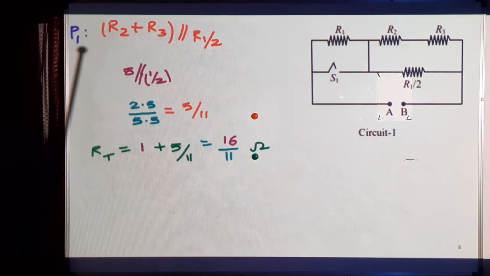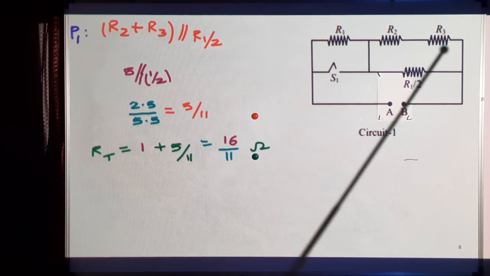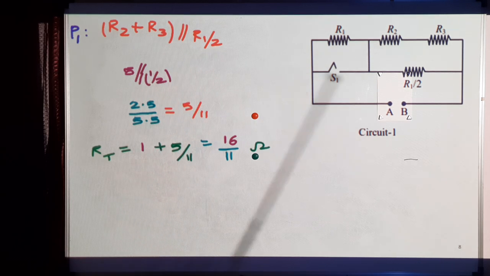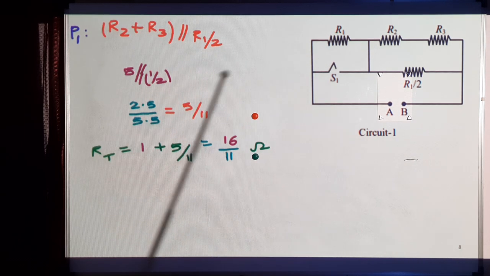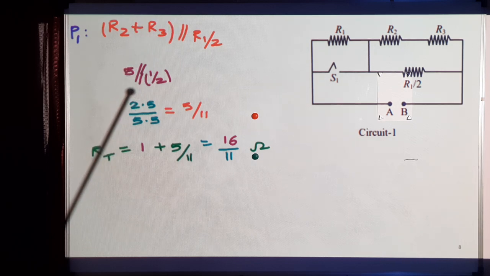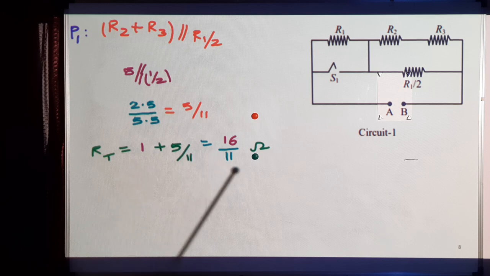To find P1, the power dissipated in circuit 1 when the switch is open, this is the circuit. Here R2 and R3 are in series, in parallel with R1 by 2, and then that combination is in series with R1. First, R2 plus R3 is 5, in parallel with half, which gives 5 by 11. This has to be added to 1, so the total resistance is 16 by 11.